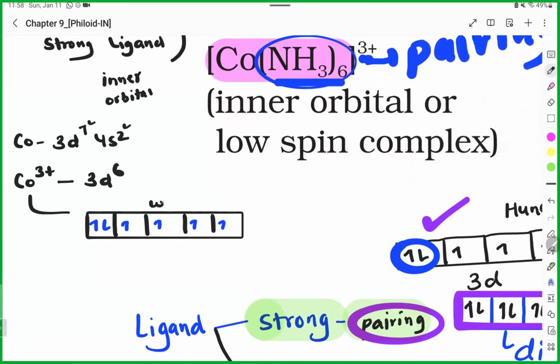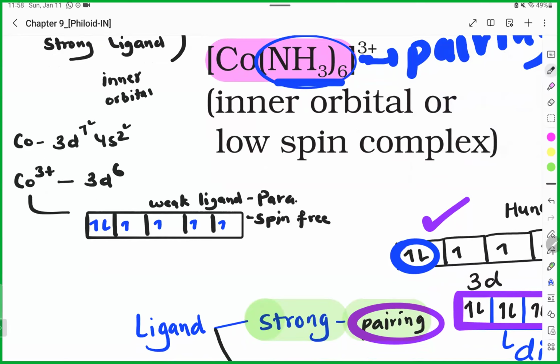It will happen in the weak ligand. And because you have unpaired electrons in this case, it is paramagnetic. Unpaired electrons are usually free, so this is also known as a spin free system.